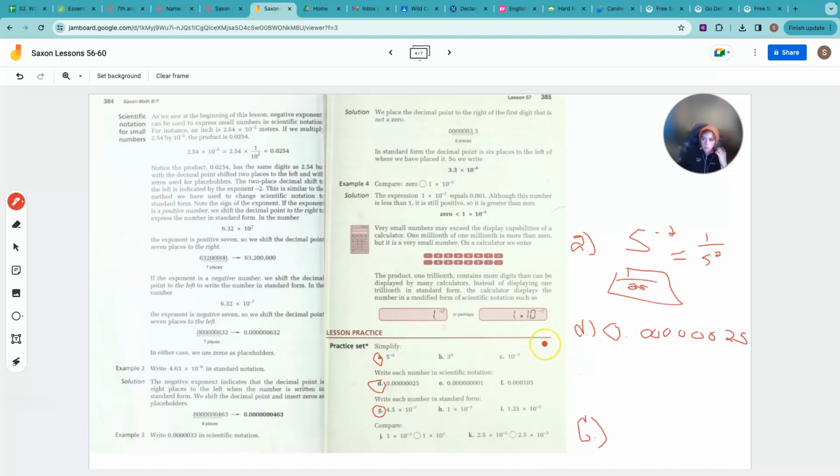Because this is a small number, we're going to have to count to the right to get the decimal point between the 2 and the 5. The reason for that is it's just cleaner if you have 2.5 times 10 to the whatever power. So we're going to go 1, 2, 3, 4, 5, 6, 7. So it would be 2.5 times 10 to the negative 7th.